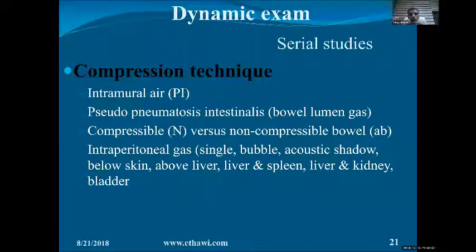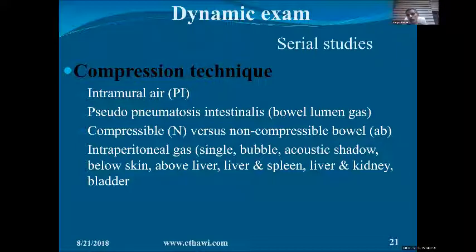So it has either single dot, bubbling, or acoustic shadow. Bubbling, you see it moving. Single dot stays. And acoustic shadow. If you're confused whether it is intraperitoneal or intraluminal, you move the baby. And remember, the gas will be in the non-dependent area.